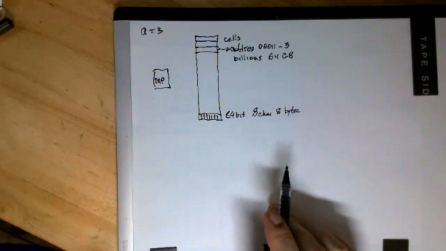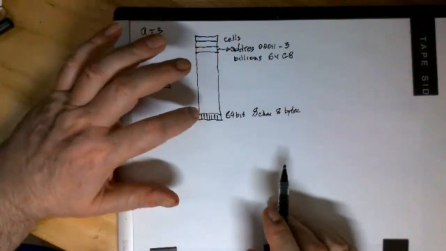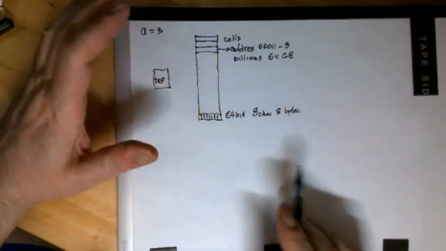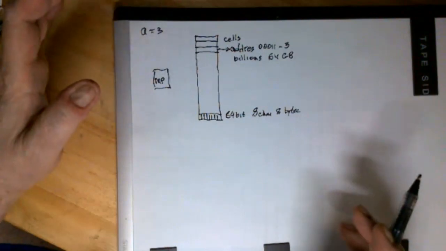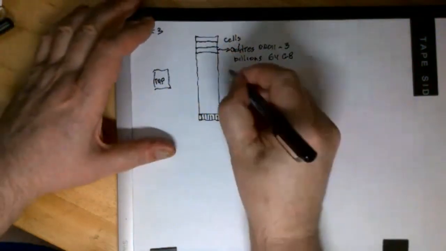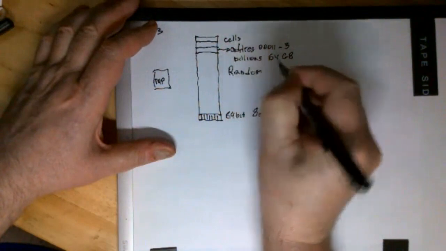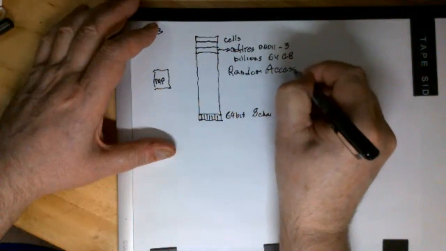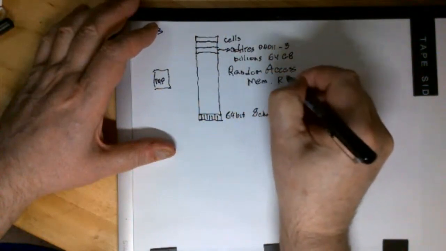What does random mean? So I can use cell number 3, then I can use cell number 1000, then cell number 1, cell number 10,000, and so on. Nobody limits me or the microprocessor from using any cell. So we call it random access memory, or RAM.